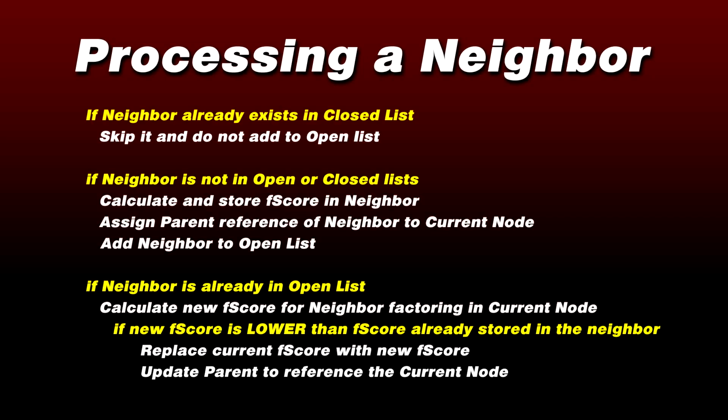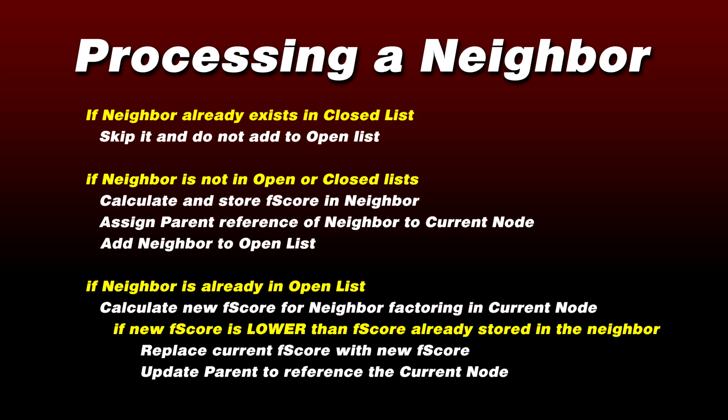However, it is possible that the neighboring node we're processing may already exist in the open list. If this is the case, then it means that we already discovered this node earlier as the neighbor of a previous node that we processed, and that's when it got added to the open list. Now, when this is the case, we definitely don't want to add it to the open list for a second time.